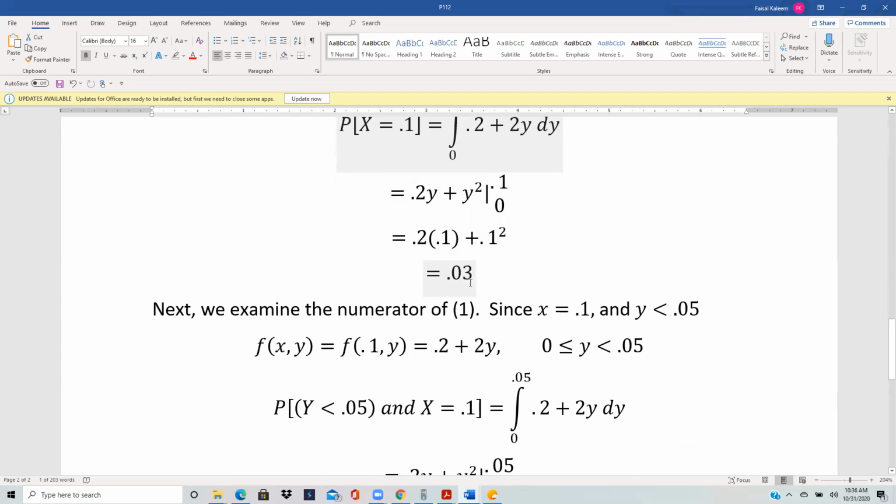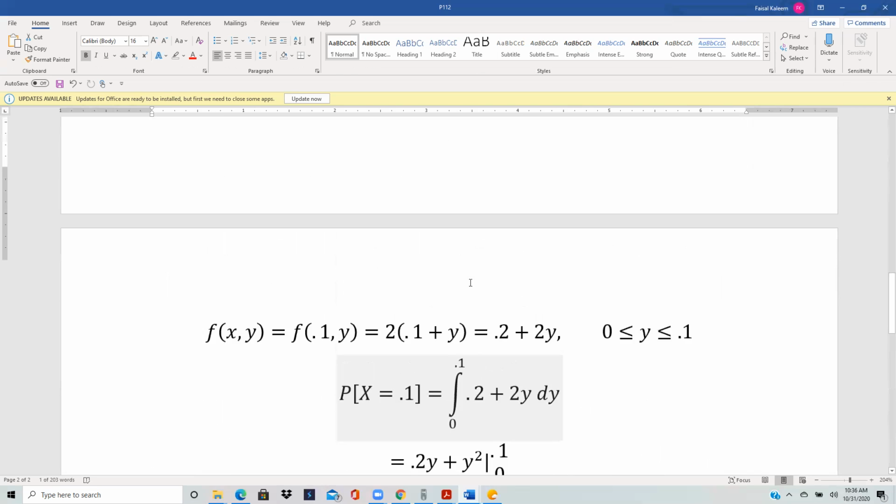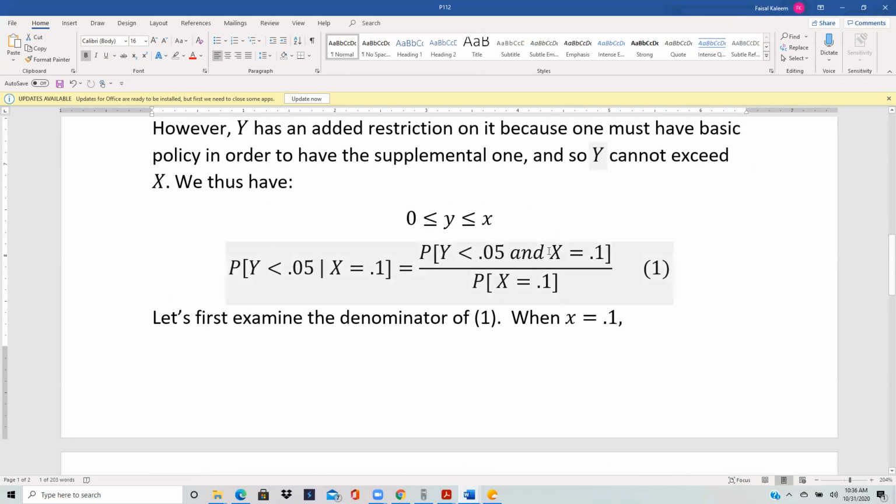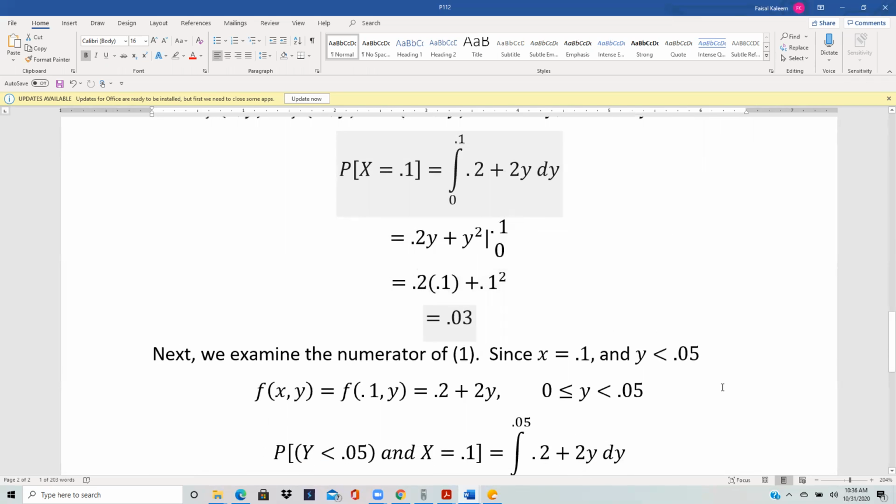Now examine the numerator. Once again, X is 0.1 even for the numerator. But now we have Y less than 0.05. And we also have the basic restriction that Y is greater than or equal to 0 and less than X, and X is 0.1.